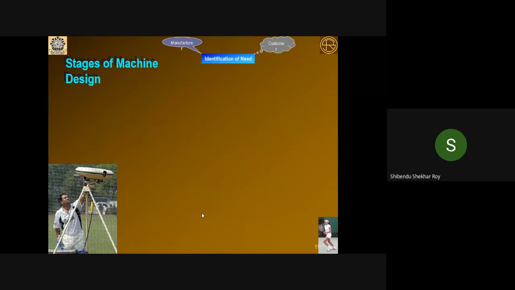If you use a remote control, it can deliver the ball one after another, the bowler can practice batting, and becomes an all-rounder. So this is another advantage of using a machine.